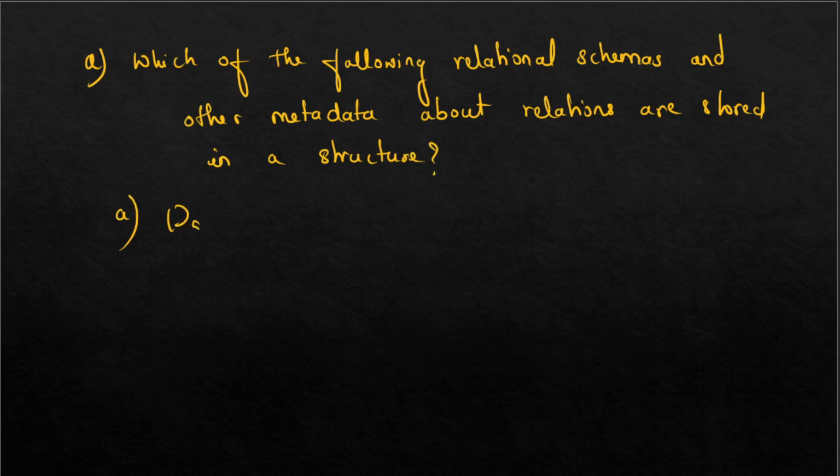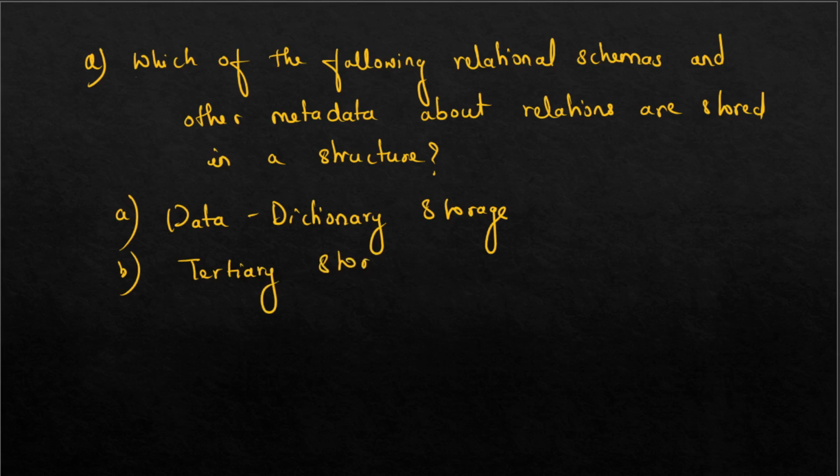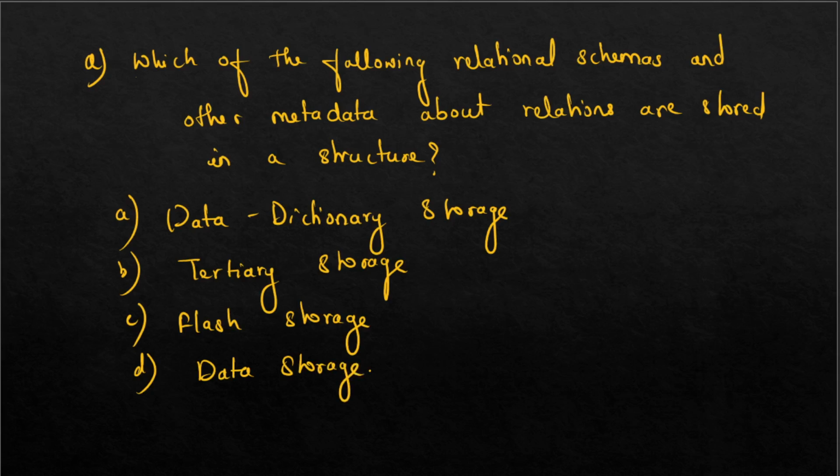A is data dictionary storage, B is tertiary storage, C is flash storage, and D is data storage. So what do you think is the correct answer for this?